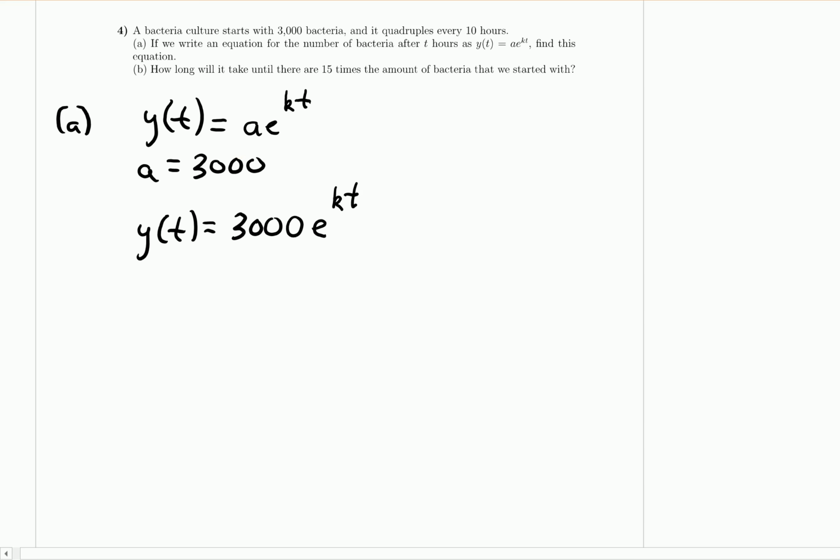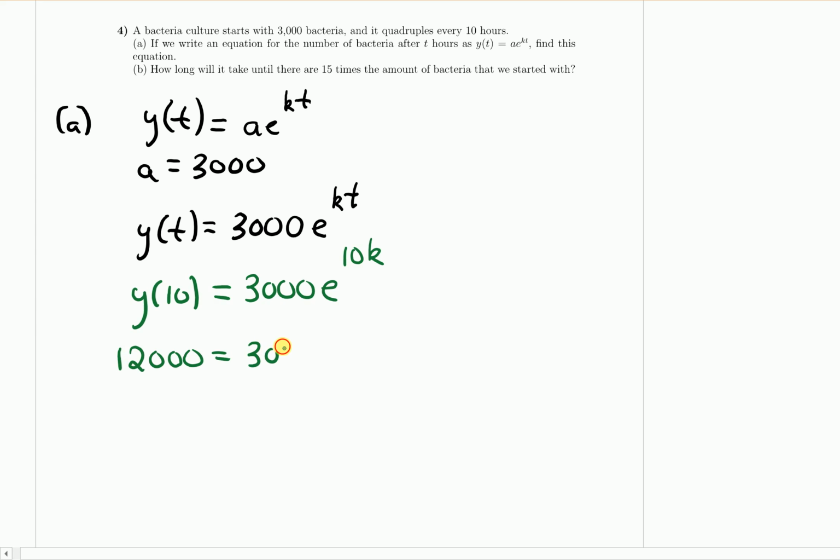Okay, so the way I'm going to write that is, if I plug in 10 for t, I get 3,000 e to the 10k as my exponent. After 10 hours, I should end up with 4 times the amount that I started with. So instead of having 3,000, I'll have 12,000. So y of 10 is 12,000.